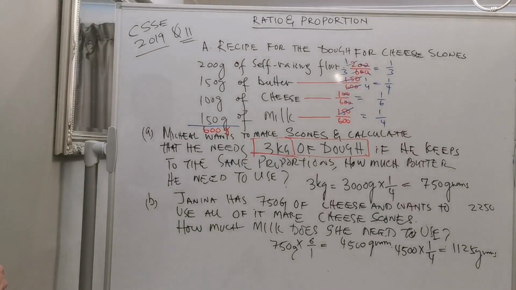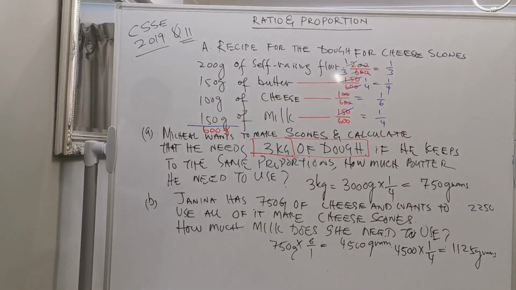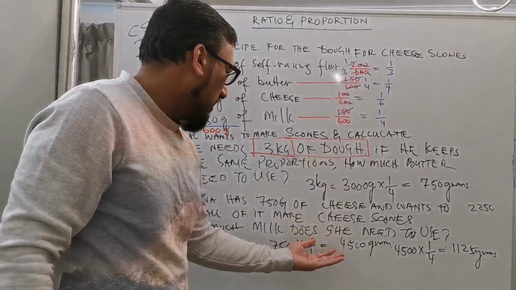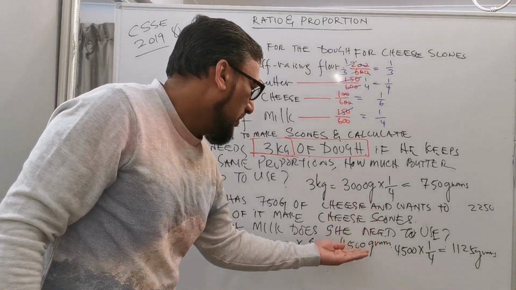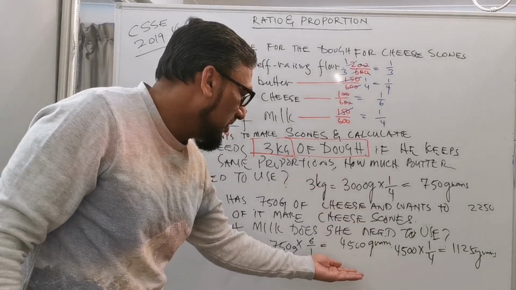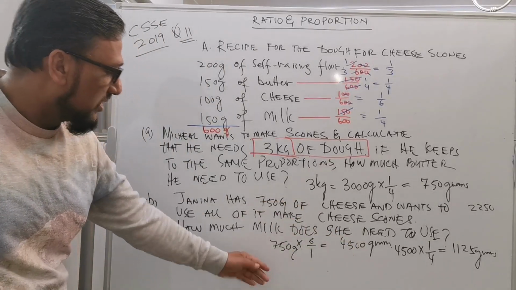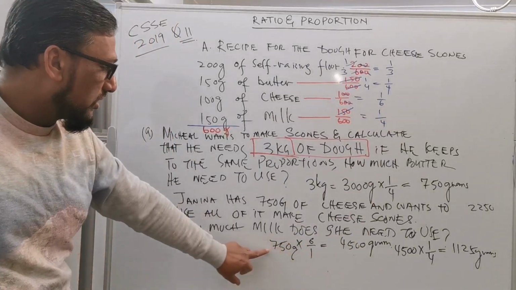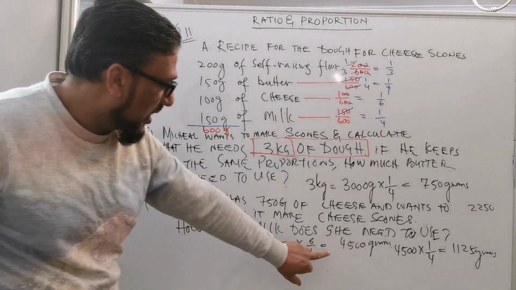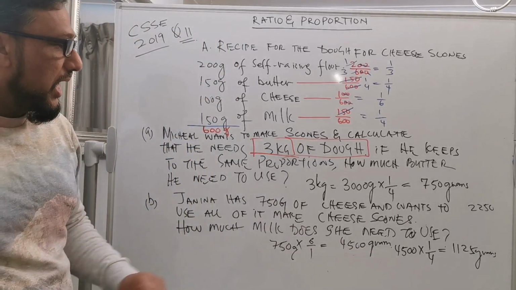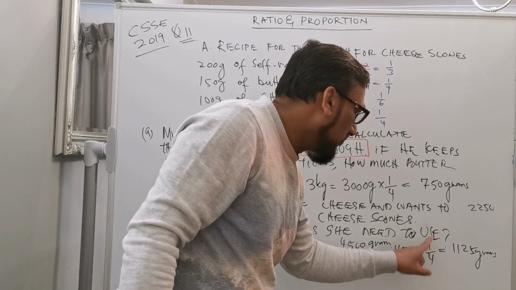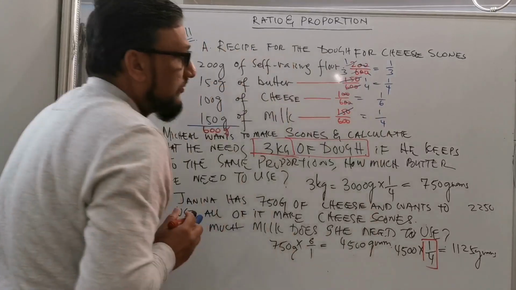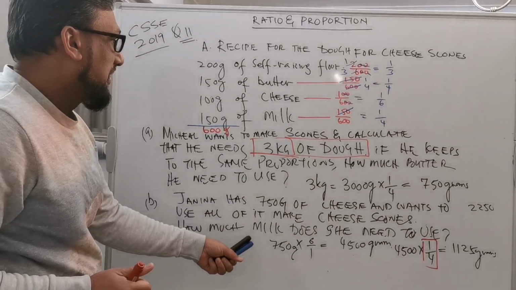So very simple. What you need to do, simply find out how many kilo of dough she is using for 750 gram of cheese. We work it out, we just flip the fractions. We know that the cheese fraction is 1/6, the total 6/1, times by this to get the 4,500 grams, and 4,500 times by 1/4, which is the fraction for milk.